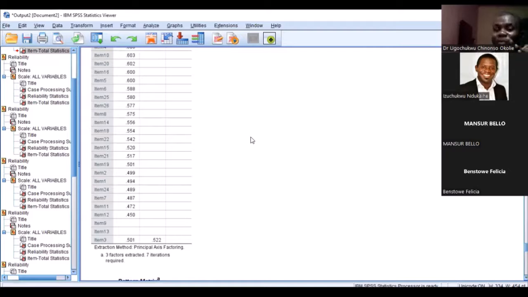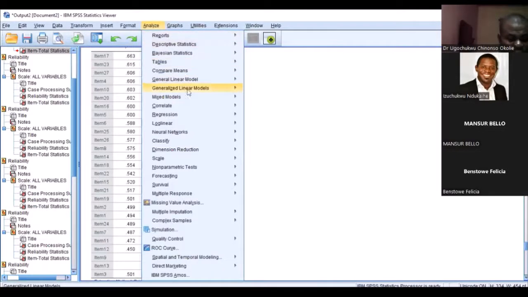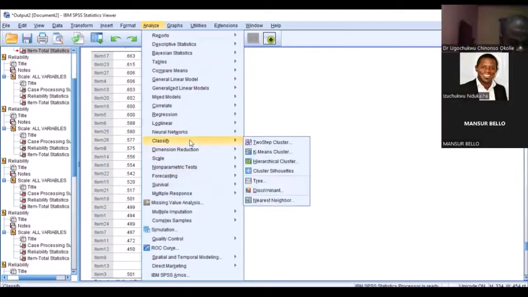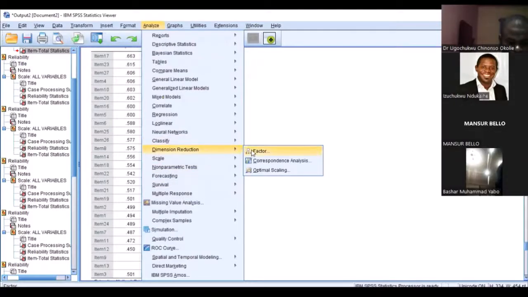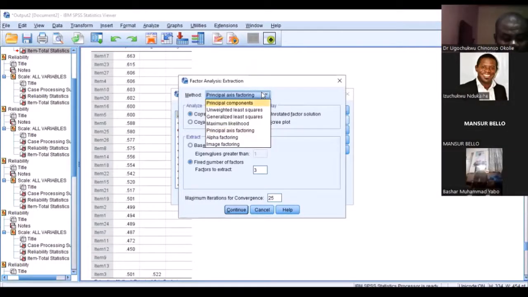When you have done that, it simply means you need to do an exploratory factor analysis. So when you come to this point, dimensional reduction under factor analysis, under rotation, instead of checking principal axis factoring, you will check principal components. Principal components is for exploratory factor analysis.